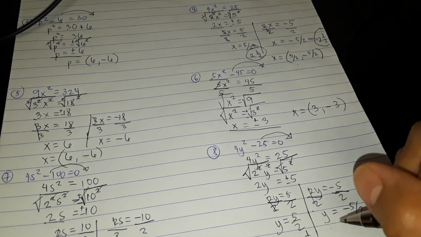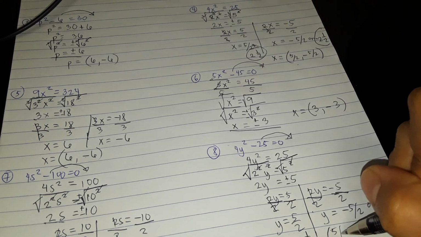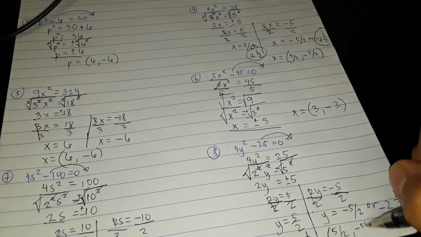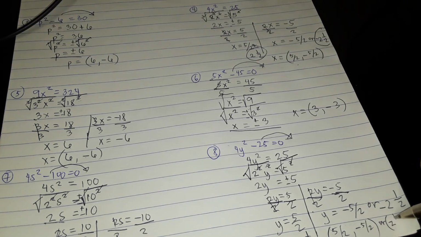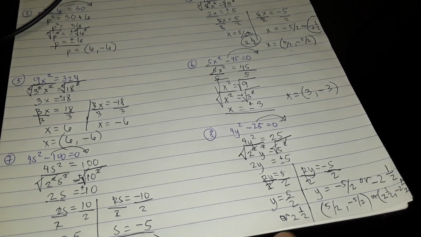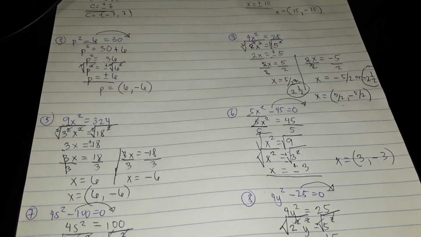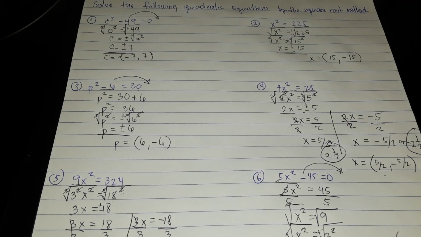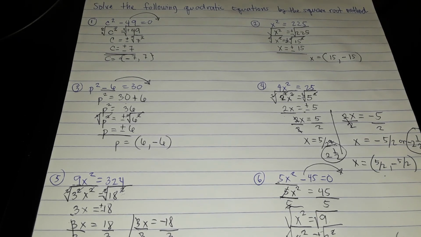So, ang solution set natin dito ay, it's either 5 halves and negative 5 halves, or 2 and 1 half and negative 2 and 1 half. Okay? Any of the two can do. Okay? So, ganyan lang ang pagsagot sa constructing or solving quadratic equation by extracting the roots.